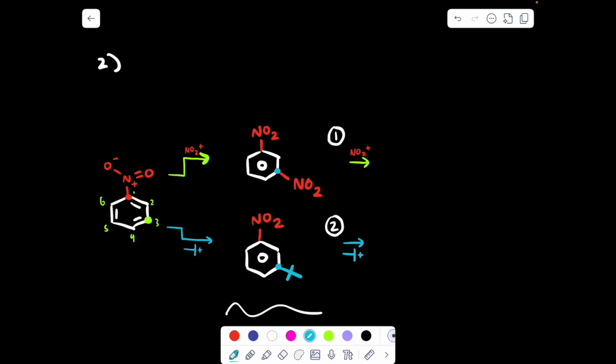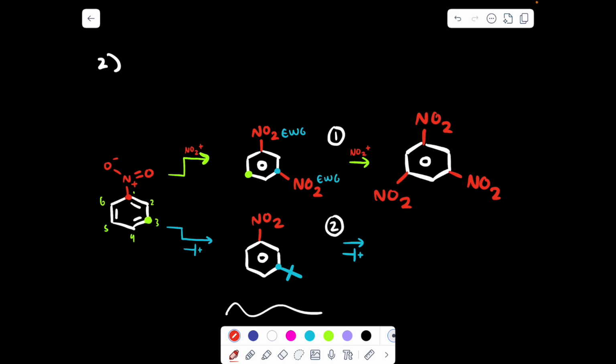So when we add in another equivalence of something, since these are both electron withdrawing groups, the only position that this NO2 could add would be the other meta position. So carbon number 5, which is meta to both electron withdrawing groups. So the NO2 group would go to carbon number 5. So you now have 3 NO2 groups on the benzene ring. And this would be your product.